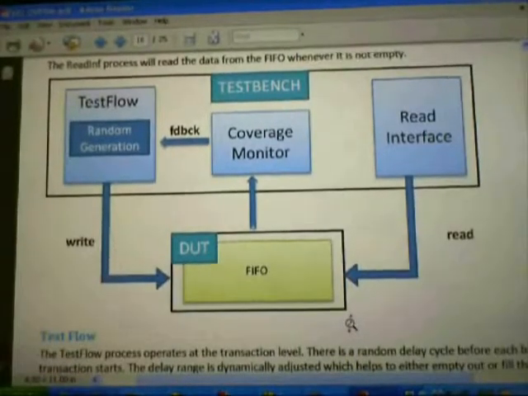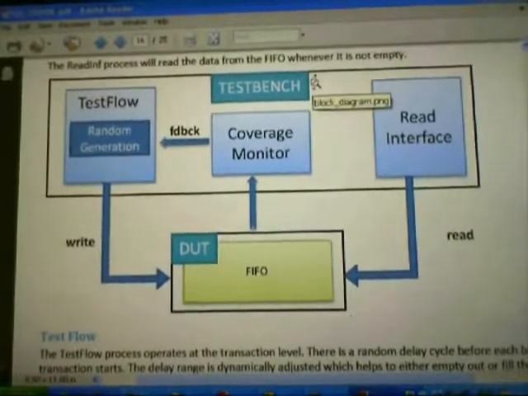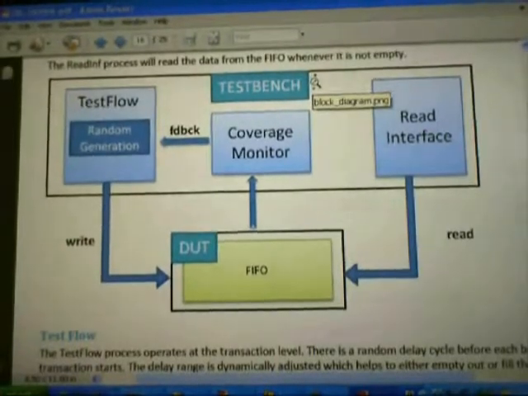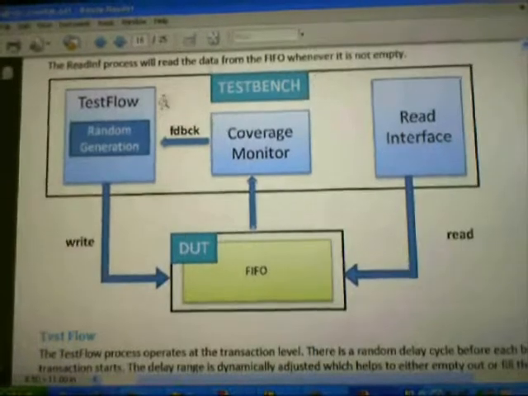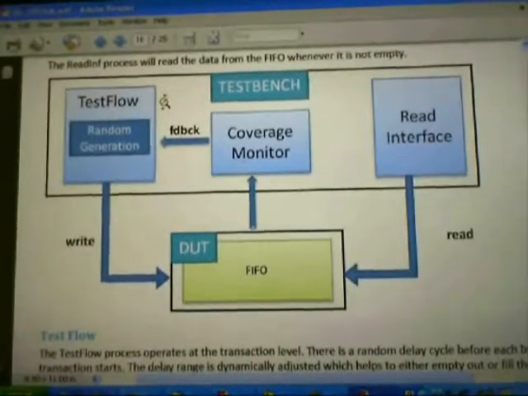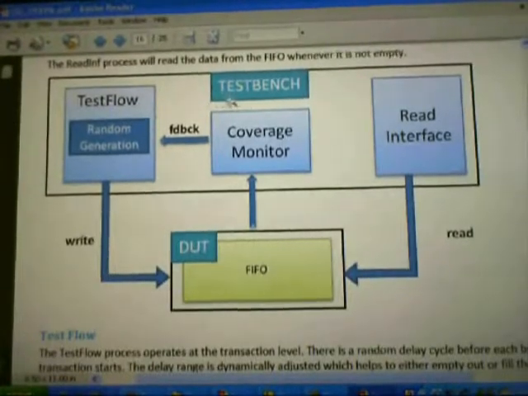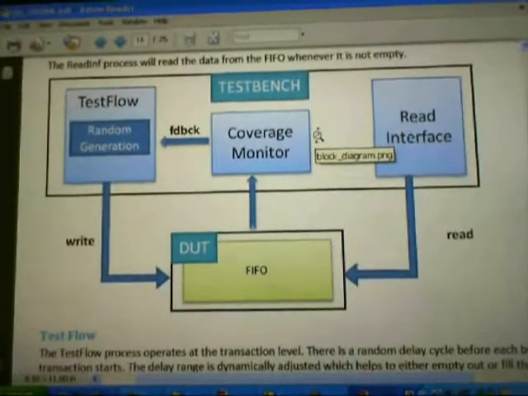The FIFO ASIC design methodology test bench consists of the test flow, the FIFO device under test, DUT, the read interface, and the coverage monitor. FIFO generator. The FIFO generator core generates fully verified first in, first out FIFO memory queues.